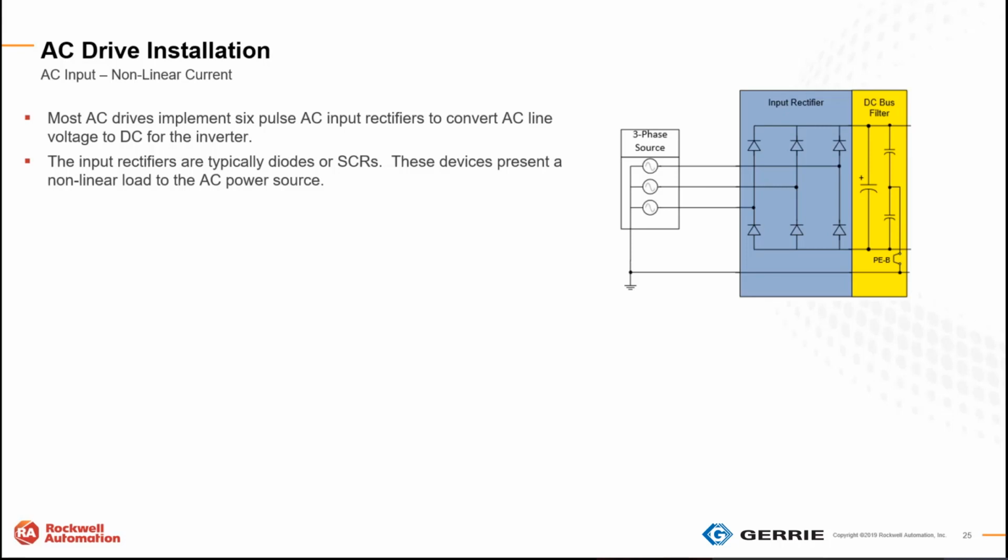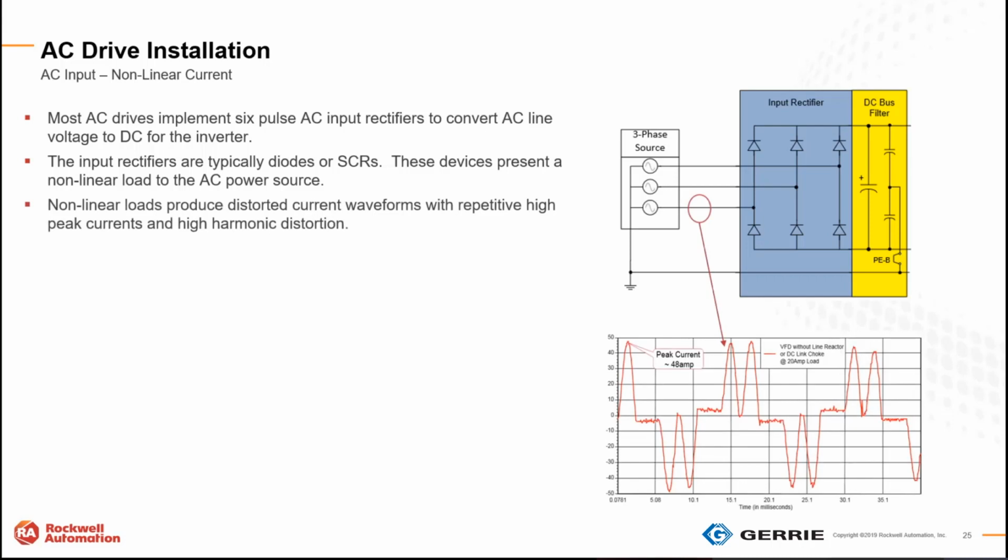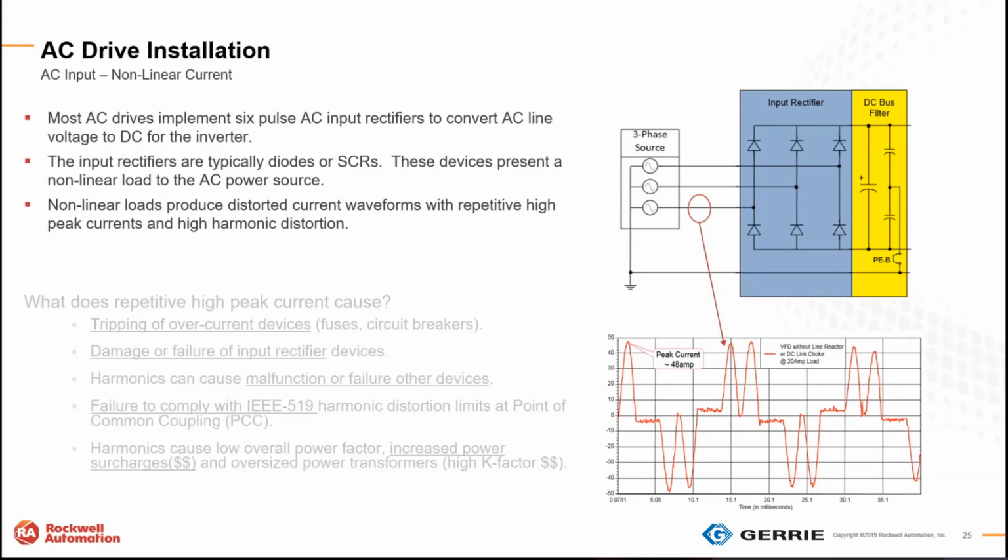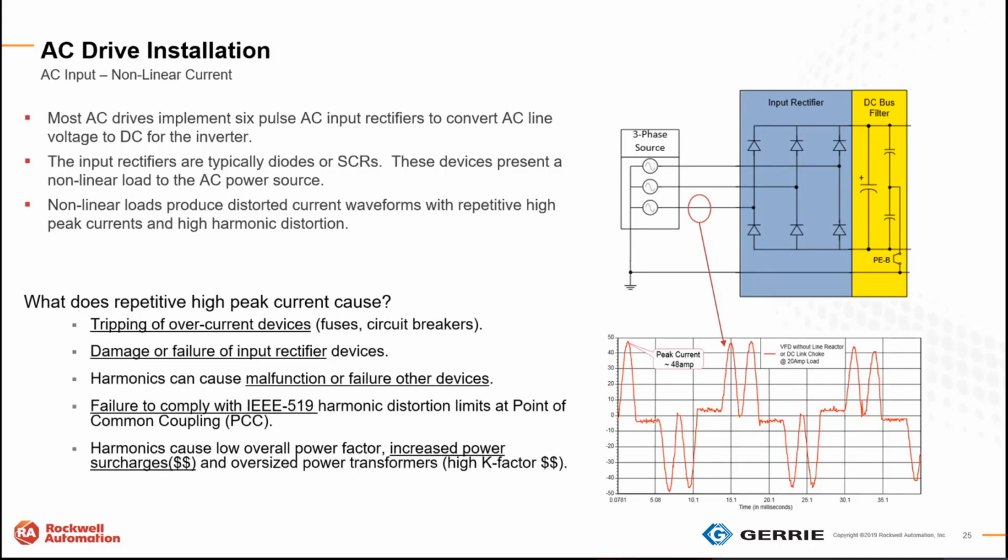Usually the front end of our 6-pulse drives is a diode-based system, and these rectifier devices are really a nonlinear load to the AC power source. When it's a combination of nonlinear as well as distorted waveforms, repetitive high peak currents, and harmonic distortions, we get that resultant waveform down on the bottom.